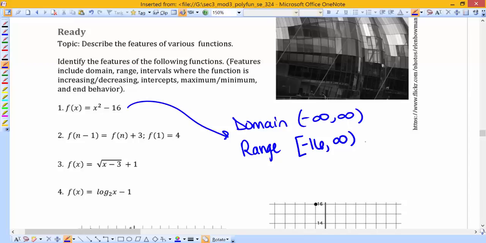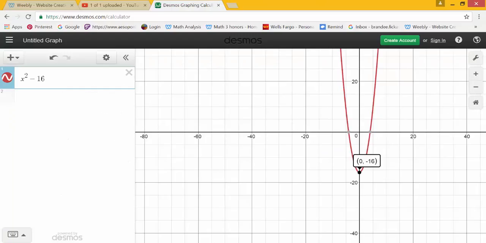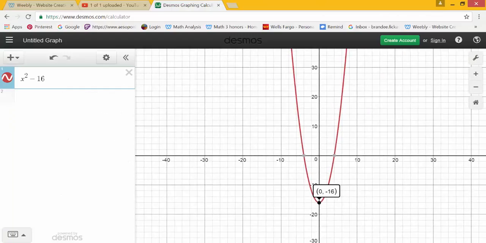Intervals where the function is increasing and decreasing. So if I'm looking here, I'm looking at my parabola. From here, so you can see my little pointer, all the way down, that's decreasing. I'm starting up and I'm working my way down all the way until I hit the 0. Then from 0, I go all the way up.